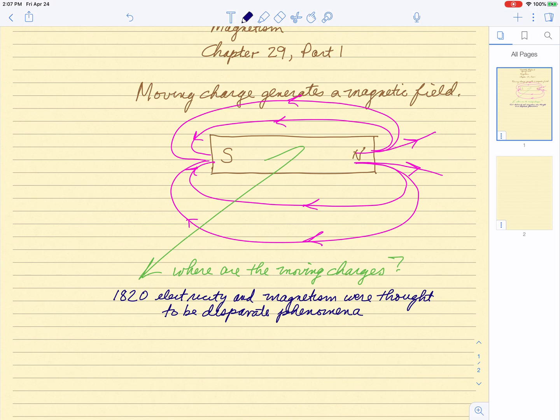But in 1820, Hans Christian Ørsted accidentally did an incredible experiment, and we're going to redo that experiment, and I'm going to show you basically the results of that on an isolated YouTube video.